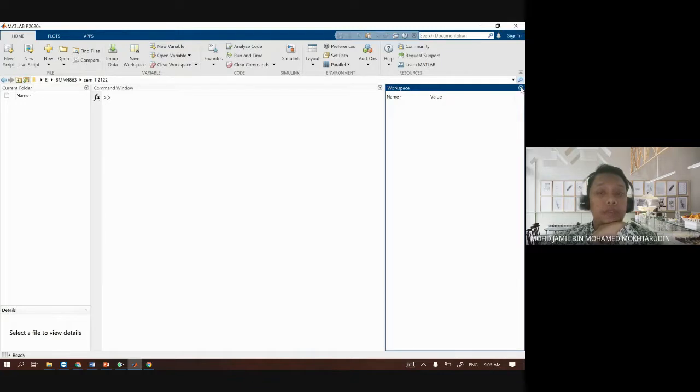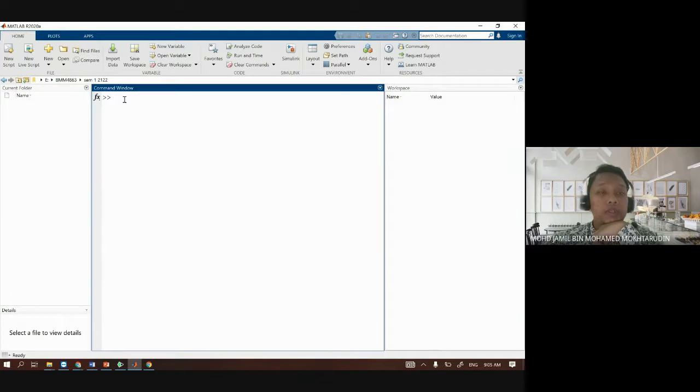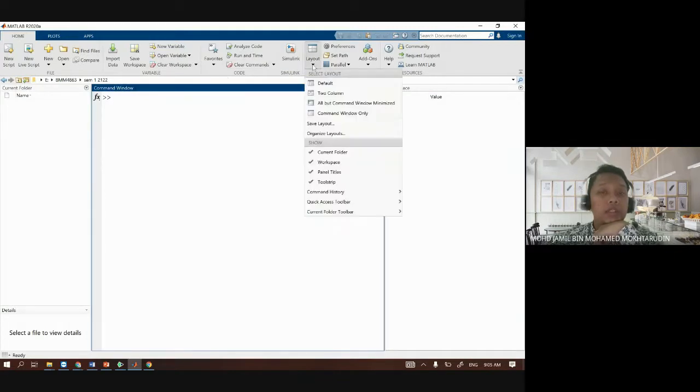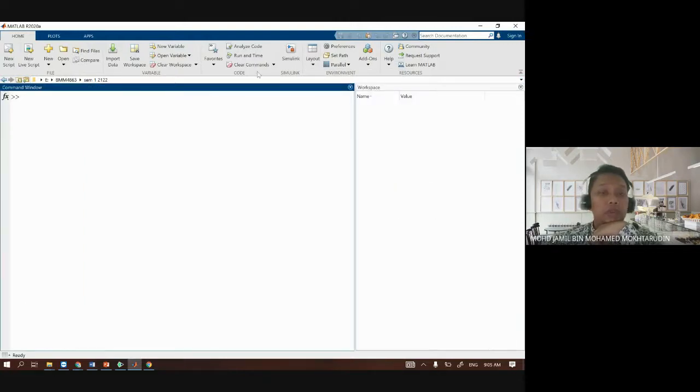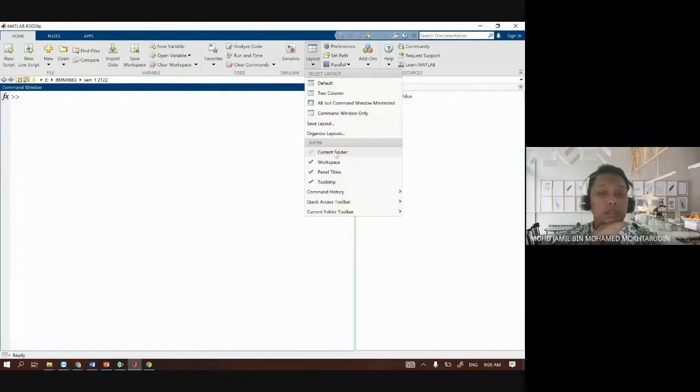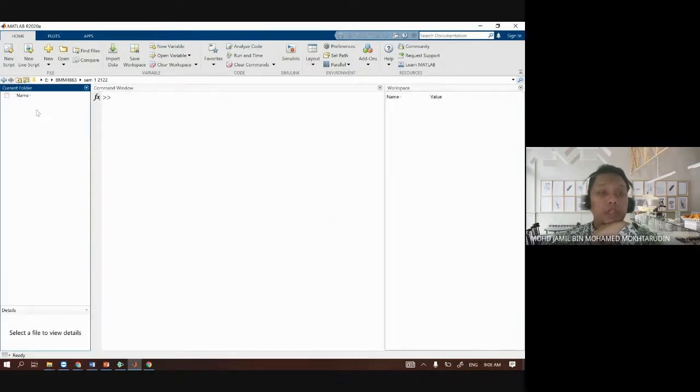Sometimes you only have the command window. You can open these under layout. You can drop down this layout and choose which one you want to open. Here you can turn off the current folder if you don't want to look at it, but I prefer to look at my current folder because I want to know where I save my files. Whenever you save a file, it's better to save it somewhere that you can access.